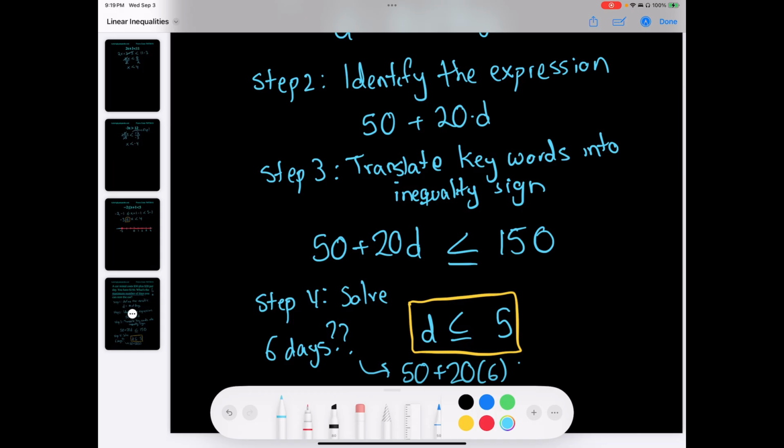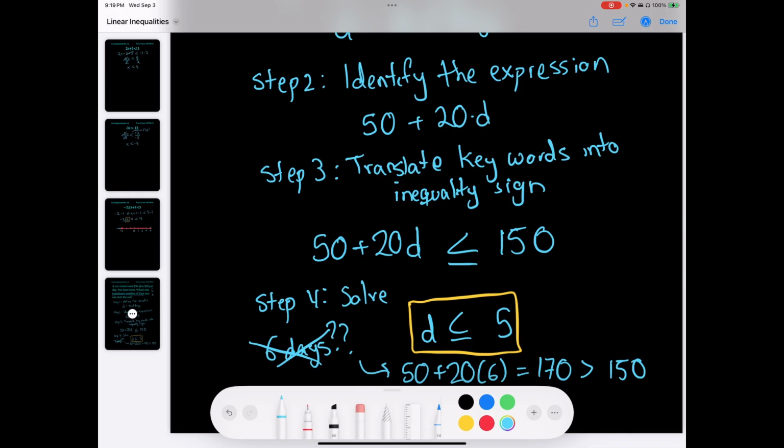And what is that equal to? So that's equal to 50 plus 20 times 6 is 120. 120 plus 50 is 170. So 170 is greater than 150. So we know this wouldn't work. And we also confirm that our solution is correct.